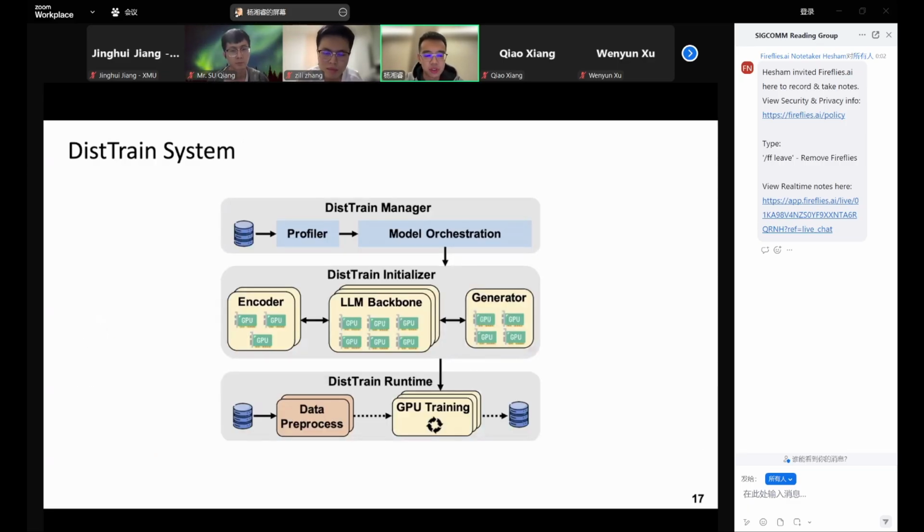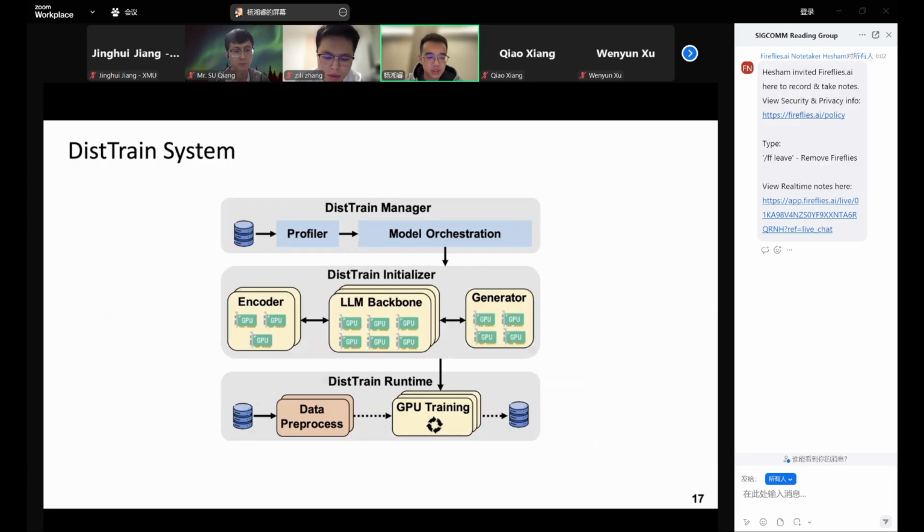And this slide shows the workflow of DistTrain. Before launching DistTrain, the program collects historical execution data to build the profiler. The DistTrain manager provides the model cost and solves a convex optimization problem to mathematically determine the best GPU allocation for each module. When the user gives the number of GPUs and batch size, DistTrain automatically decides the parallelism strategy according to the profiled results.